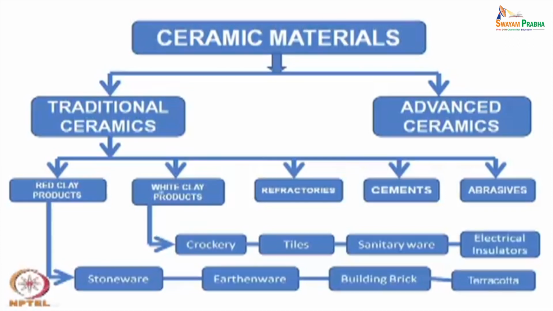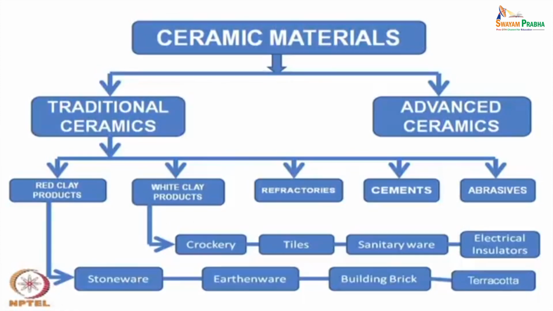It can be taken directly from the mines, processed a little bit, given a shape, and fired once again slightly above 1000 degrees centigrade, so that you get a range of different products which have been known to mankind for a long time. And they are all called white clay products because their color is white.